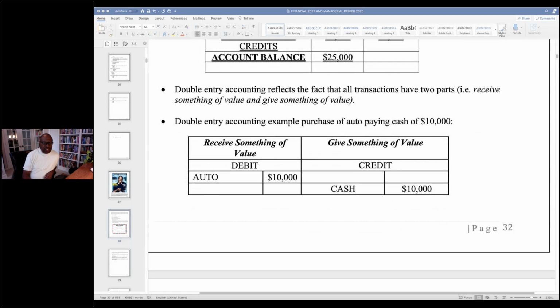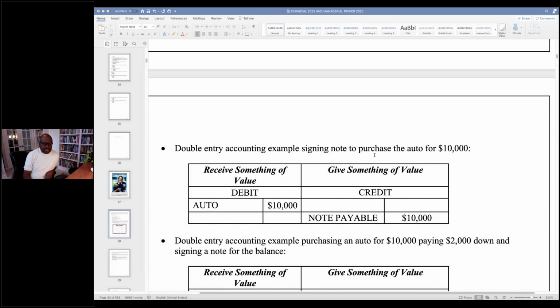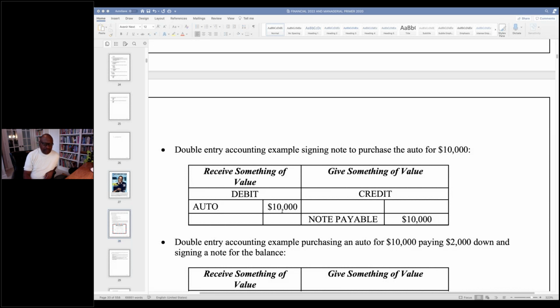And we looked at a situation in double entry accounting where we purchased an auto, and this shows something about receiving something of value and giving something of value. If you paid cash for the auto, you debit auto 10,000, you credit cash 10,000. You got the auto, you gave up cash. If you sign a note to purchase the item, you debit auto 10,000, you credit notes payable.